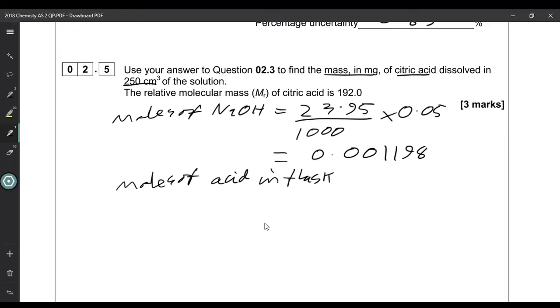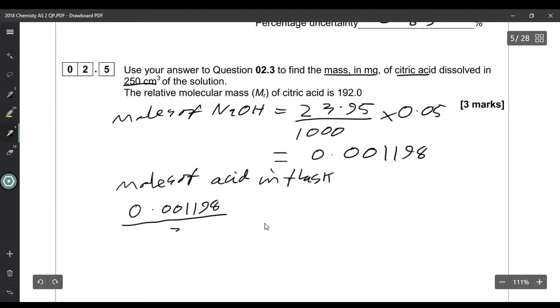The number of moles of acid would be 0.001198, but we're going to divide that by 3, because for every mole of citric acid there's 3 moles of sodium hydroxide, and then we're going to multiply that by 10, because during this titration we only took 1/10 of the original amount that was in the flask.